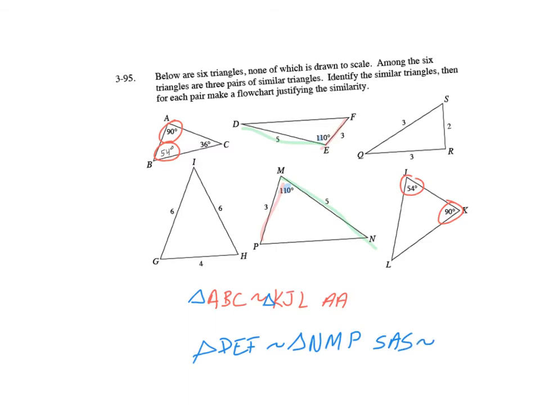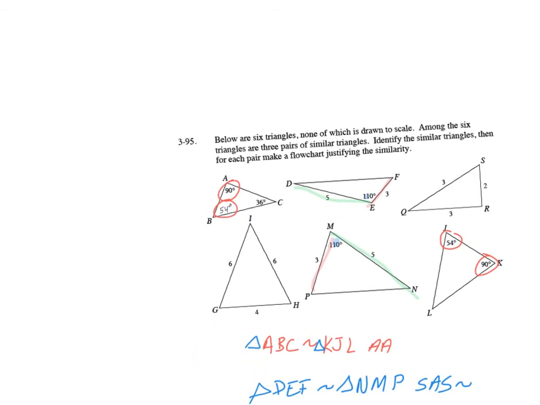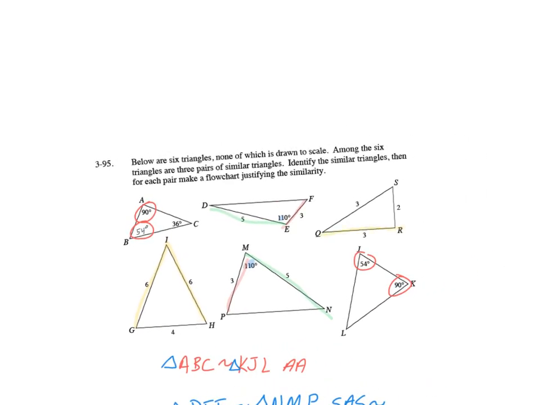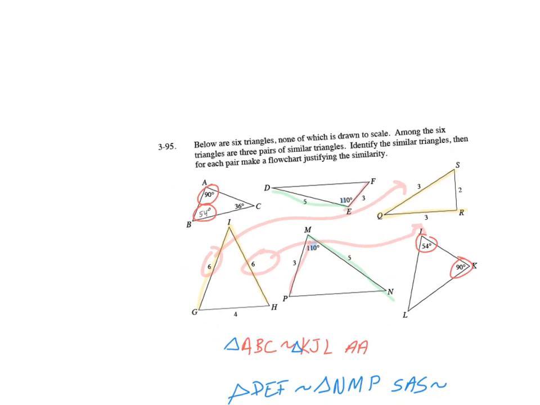And then the last set of triangles that we have here are obviously these last 2. I have an isosceles triangle, 2 side lengths that are the same. 3 and 3 correspond with 6 and 6. Obviously those are not drawn to scale, but the scale factor going from 6 to 3 is dividing by 2, and that's the same thing here. Going from 6 to 3, I'm dividing by 2, so that's constant. And that same ratio is going to hold for the side length 4 and the side length 2.